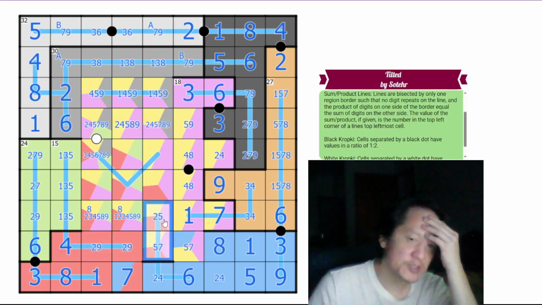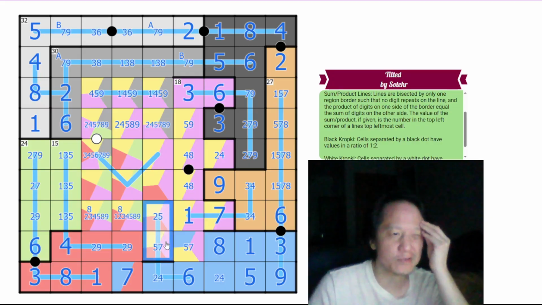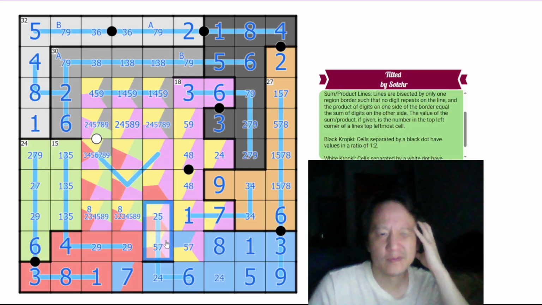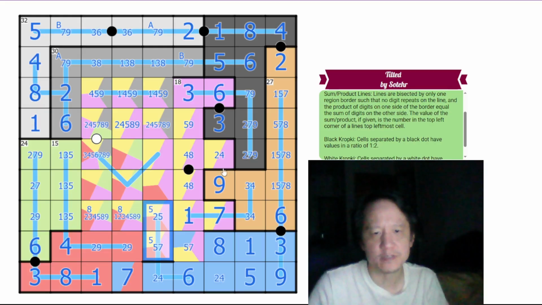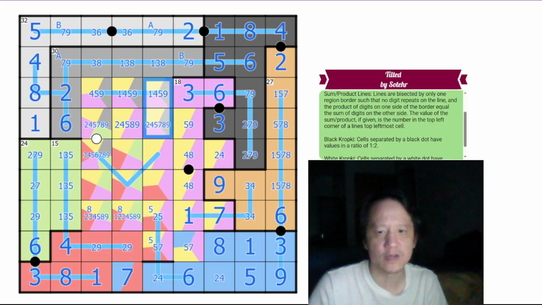Thing is, 5, 7 is less restrictive here. That's why I don't want to go down that path. But okay, so I think this has to have a 5 in one of these, right? It's either 2 times 5, which is 10, or 5 plus 7. So one of these is guaranteed to be a 5, which eliminates 5 in the rest of the column.